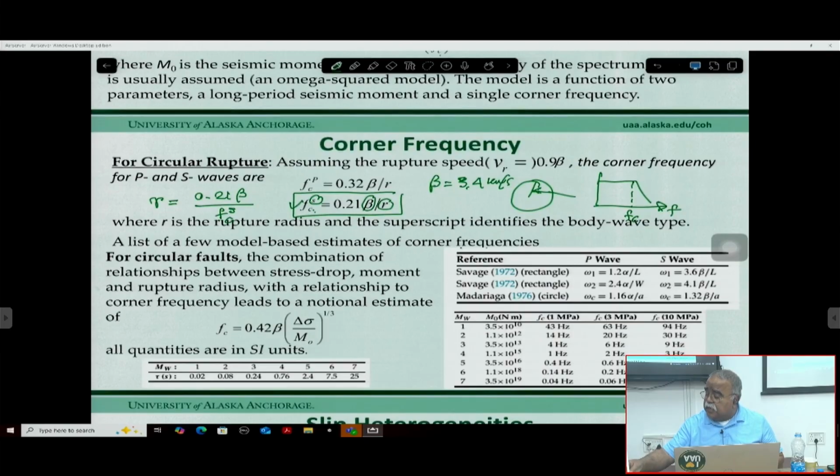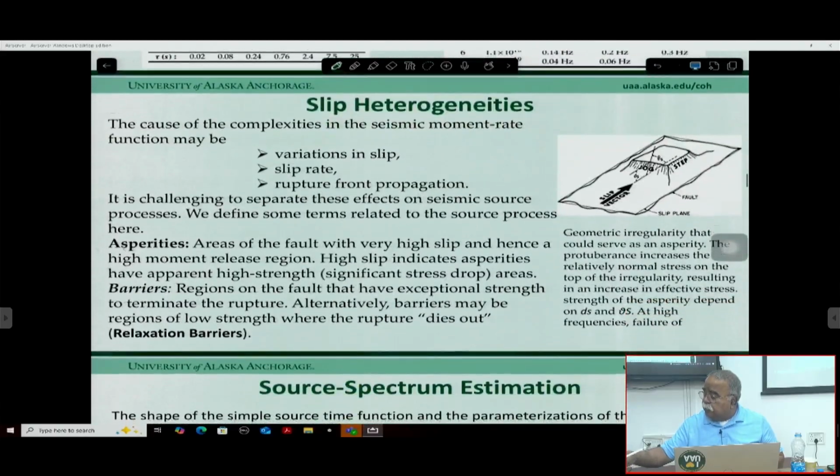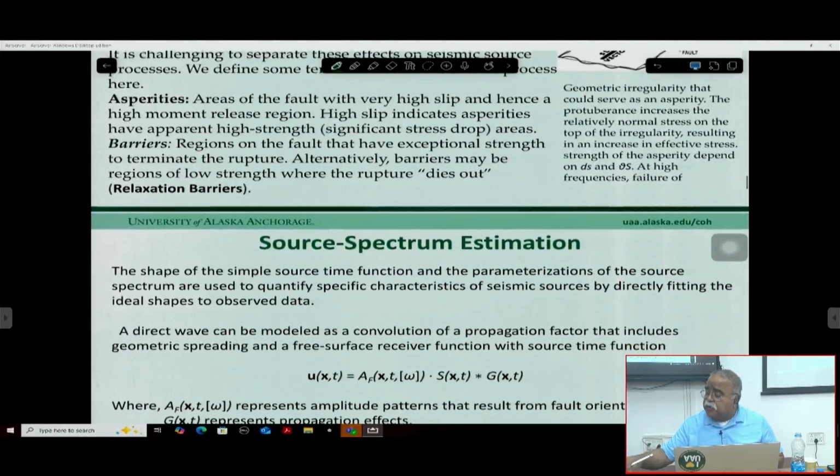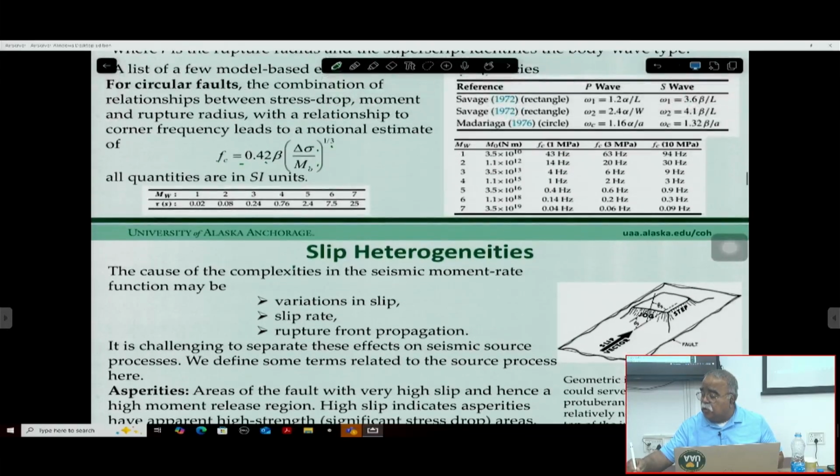This radius of rupture, as I said, will be related to 0.42 pi into delta sigma by m0 to the power 1/3. So m0 fc cubed equals 1/3 values, right? So from the source spectrum you can calculate your TR and TC values, and how TR, TC, and this tau are related with the magnitude, you can find out.